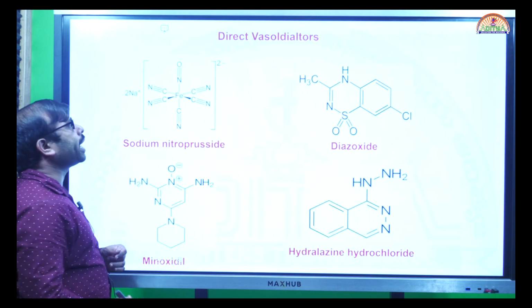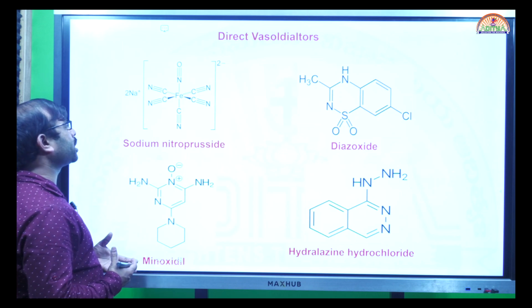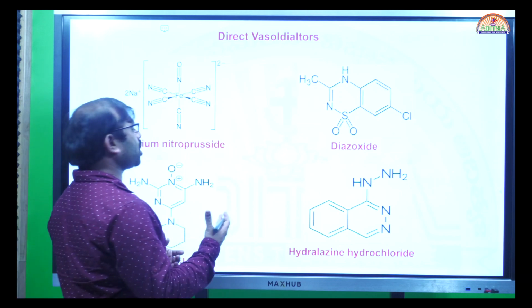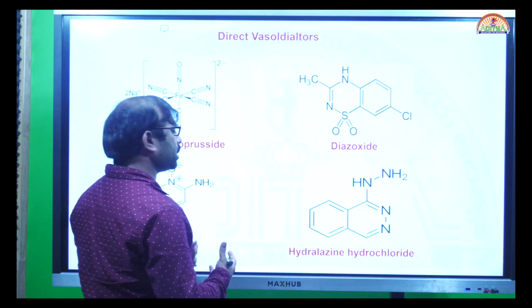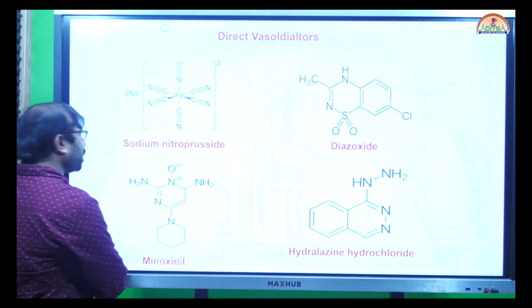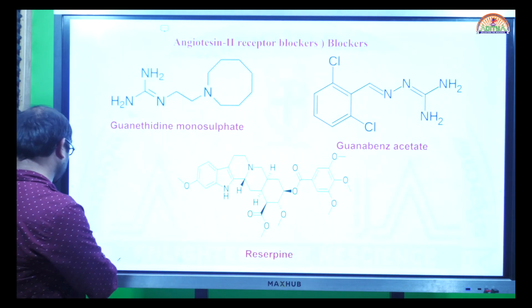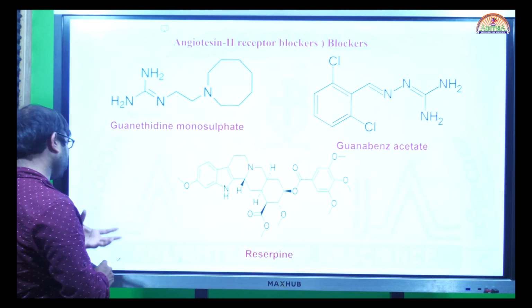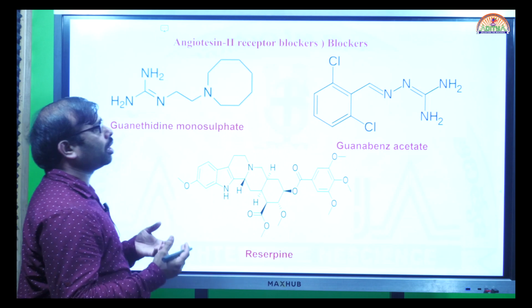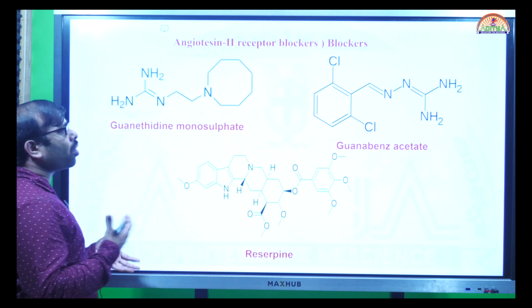Next is the direct acting vasodilators, such as sodium nitroprusside, diazoxide, minoxidil and hydralazine hydrochloride. Here, this one is called angiotensin receptor blockers. It is not an exact classification; in this classification the antihypertensives are there, but specific molecules are not mentioned.